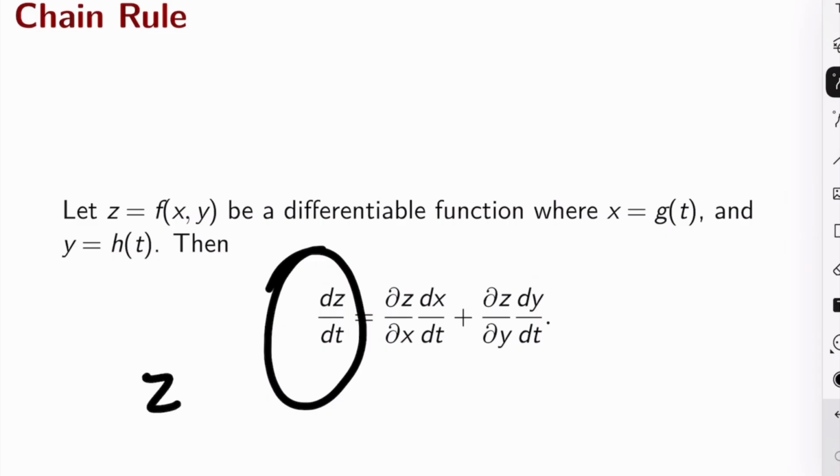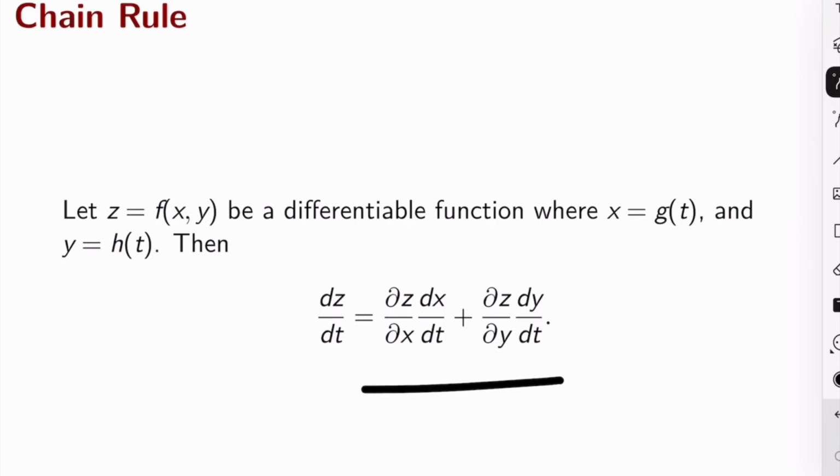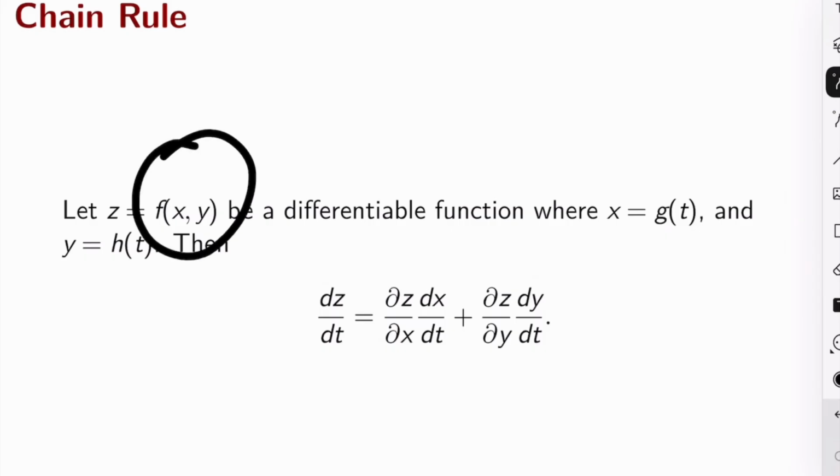We could also call this z prime. So the derivative of z with respect to t, or just the derivative of z, is going to be calculated by the chain rule in this way, which means to calculate the partial of the function. Remember, this function has two variables, so the partial with respect to x times the derivative of x.